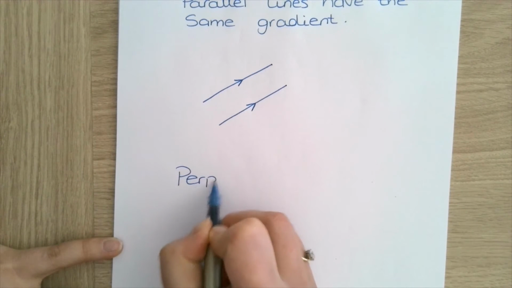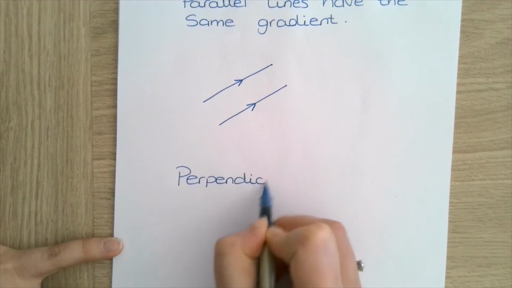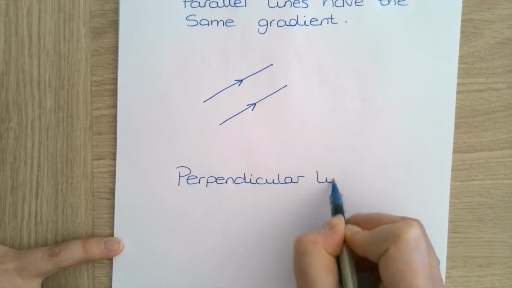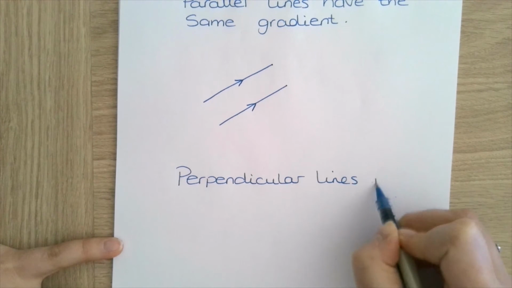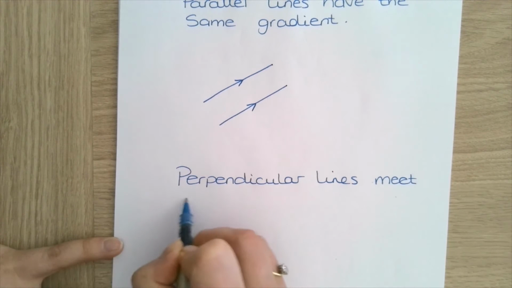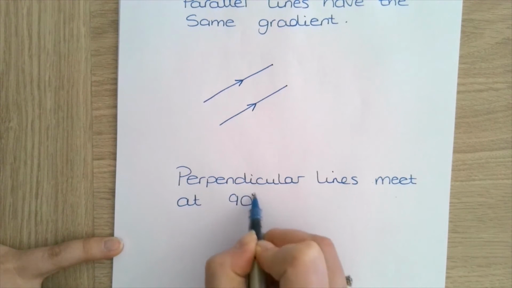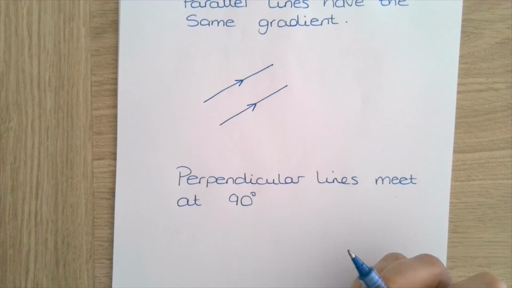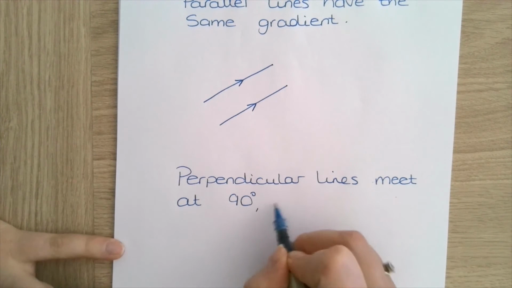Perpendicular lines meet at 90 degrees and they have negative reciprocal gradients of each other.